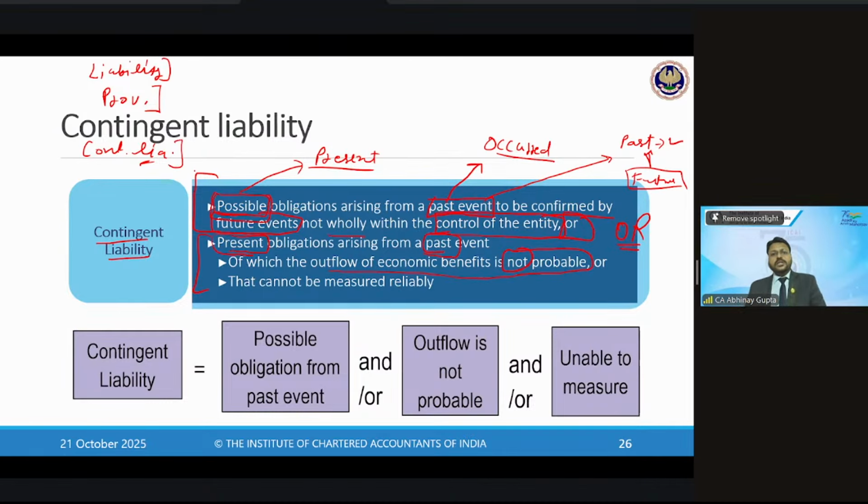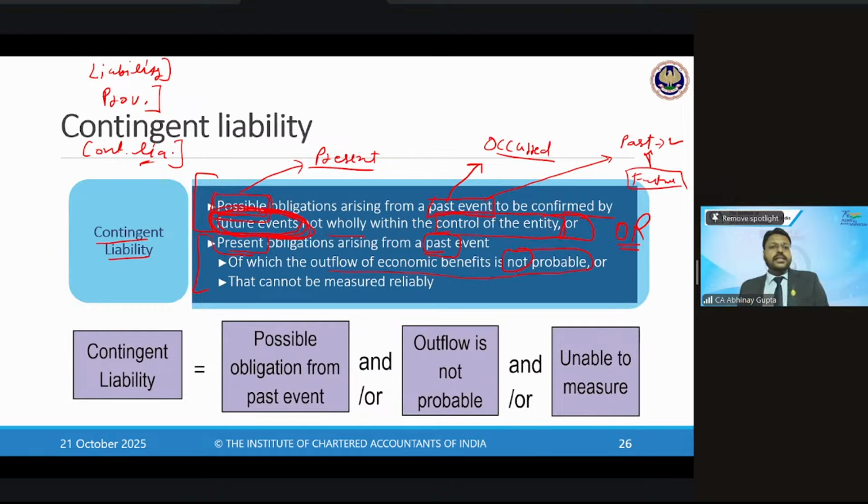And then the third item comes as contingent liability. These are those liabilities which have not yet arisen on the company, but may arise in future, provided a certain future event occurs. If that future event occurs, and the court decision comes against the company, then this will be a liability payable by the company.